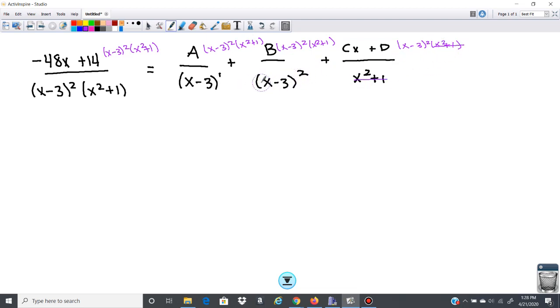Here, I'm going to have the x minus 3 squareds canceling, and here one of these cancels. And over here, the entire denominator cancels out.